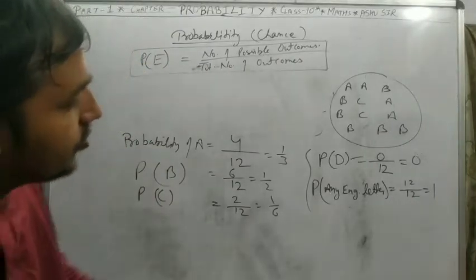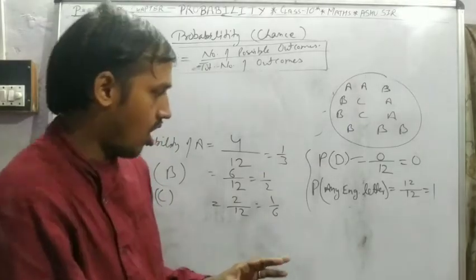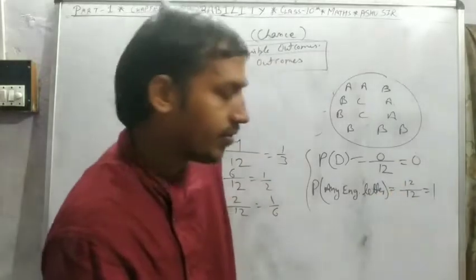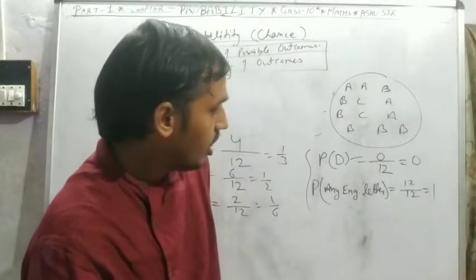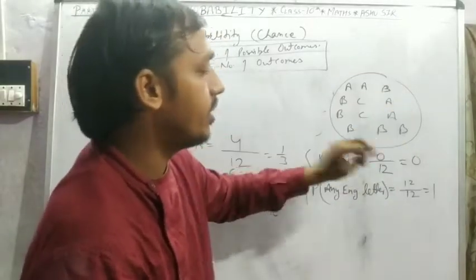So it's proved that 12 upon 12 is the final possibility, means the maximum outcomes in this event.